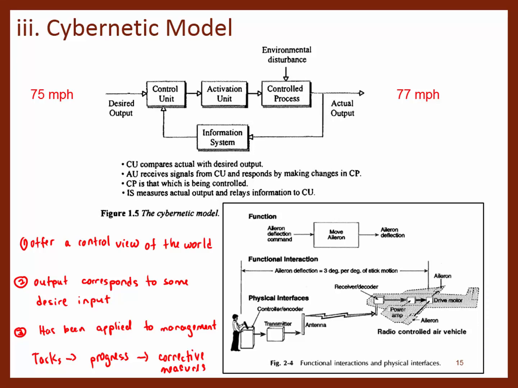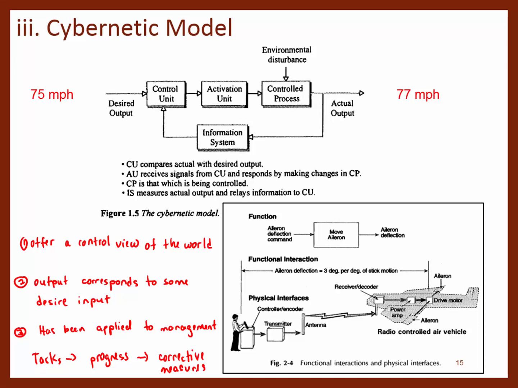So you have the output in mind. You look at the current output. If you have not achieved that outcome, then you perform some corrective actions until you get to that point. Same thing here: functional interactions and physical interfaces for an airplane that is trying to land. Let's say this airplane needs to land by 4 p.m. Maybe the airplane is far away.